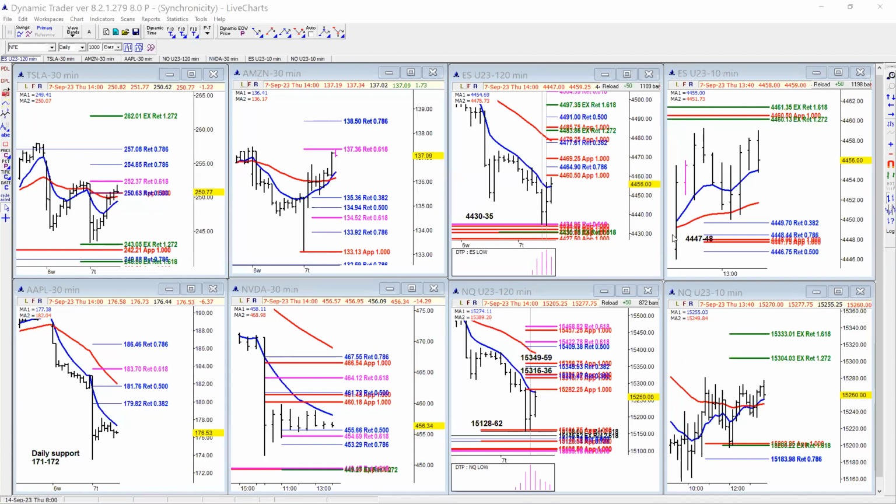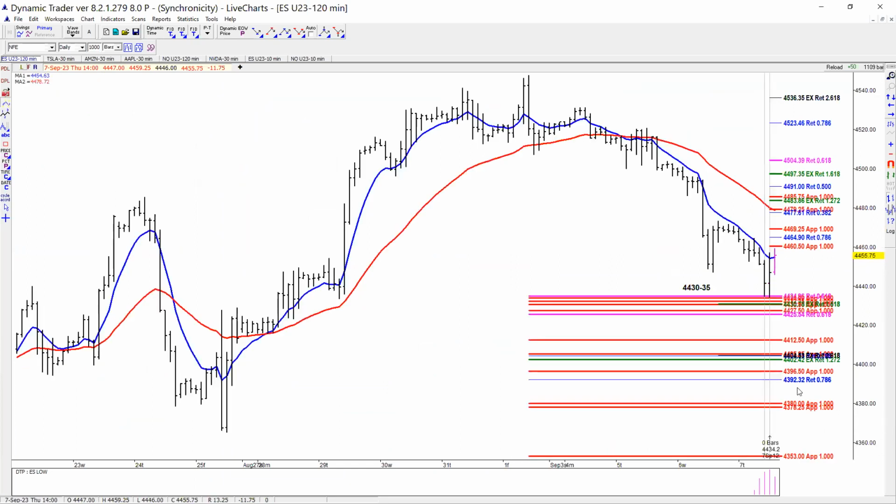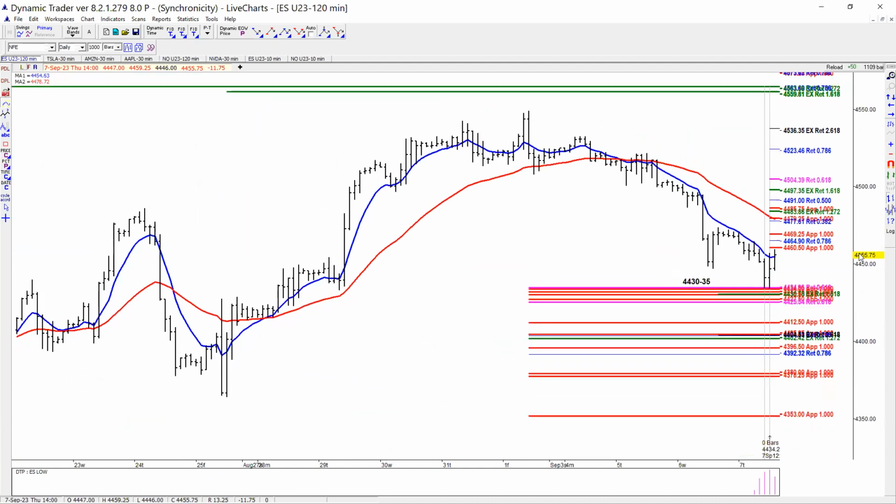Okay, perfect. Thank you. On the ES 120-minute chart, this is where I gave timing for a low and support this morning. Since that timing for a low and that support, let's see, 44.34 to 44.60, that's 26 points.